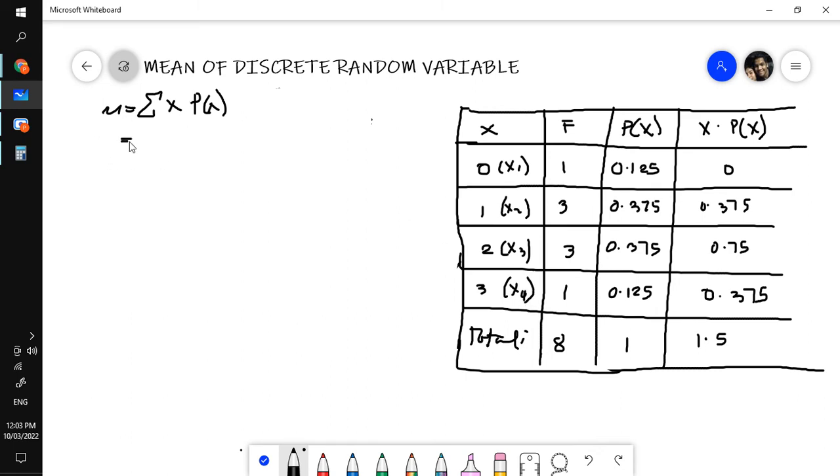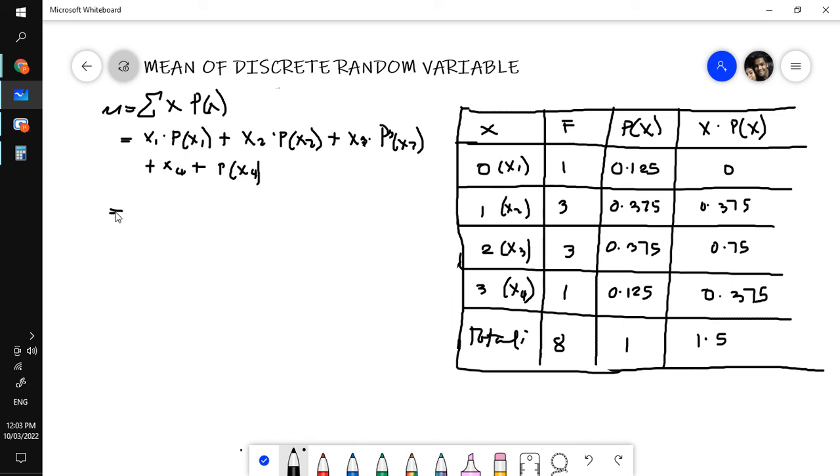So to get this, we have x sub 1 times p of x sub 1 plus x sub 2 times p of x sub 2 plus x sub 3 times p of x sub 3, plus x sub 4 times p of x sub 4.